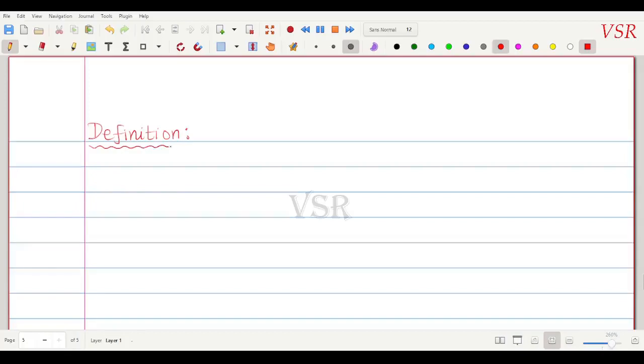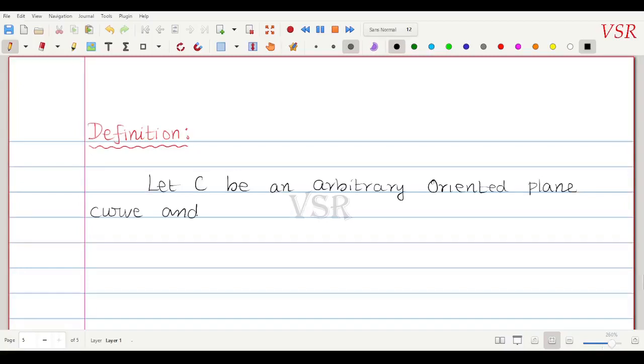Okay, definition. Let capital C be an arbitrary oriented plane curve, and P belongs to C, such that இந்த பாயிண்ட்ல என்னுடைய கர்வ் வந்து கர்வேச்சர் 0 கிடையாது.